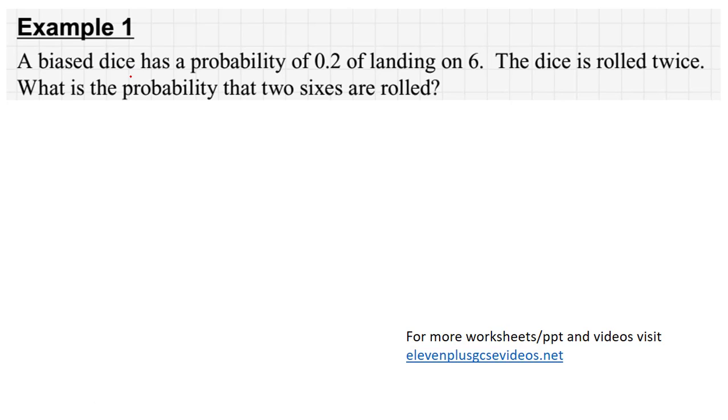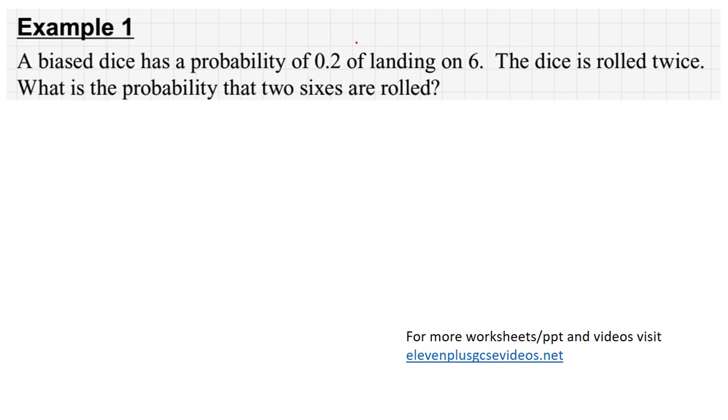We have a biased dice that has a probability of 0.1 of landing on a 6. The dice is rolled twice. What is the probability that two sixes are rolled? So you are throwing this dice twice separately.